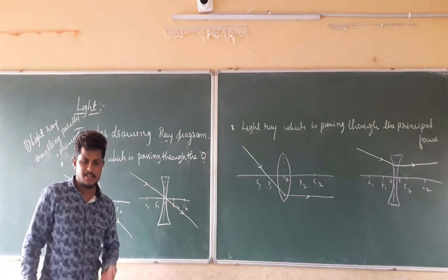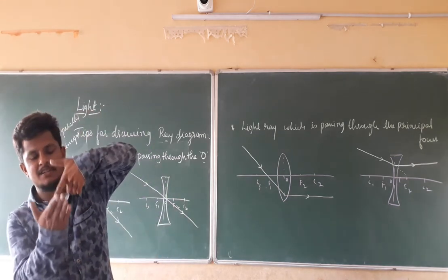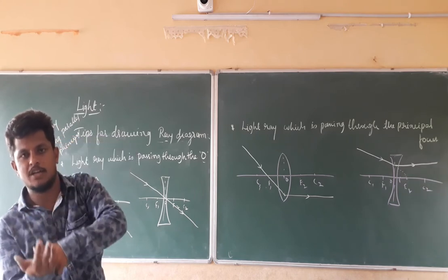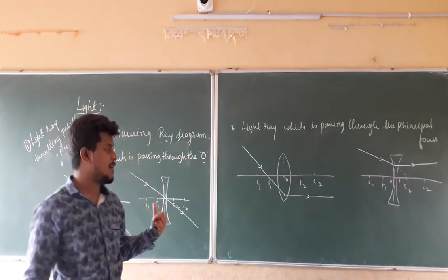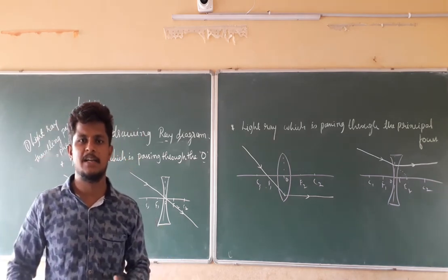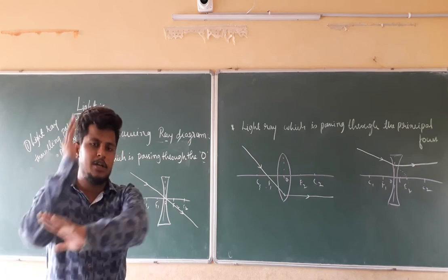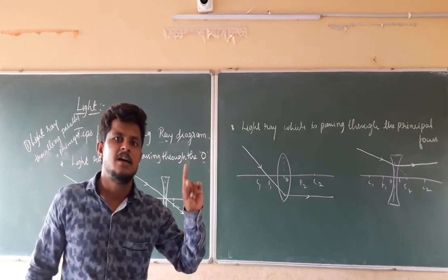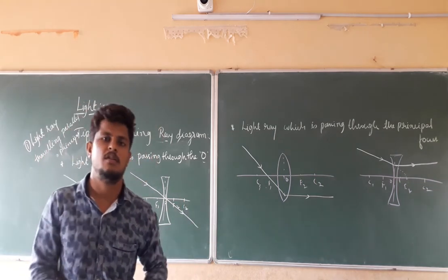In another manner, we can say that a light ray with an angle of incidence equal to 0 degrees will have 0 refraction. Any light ray traveling perpendicular to the surface is not going to change its direction or path. There will be no bending and no refraction.